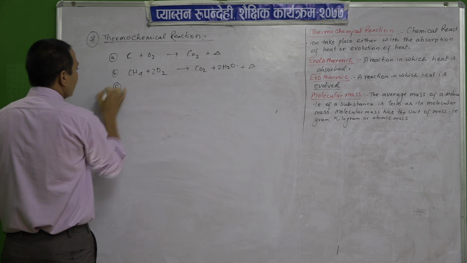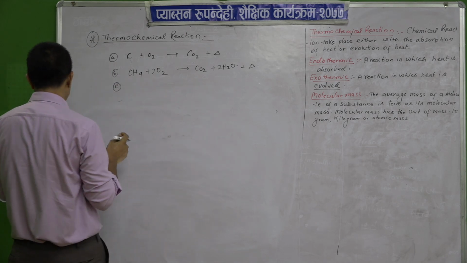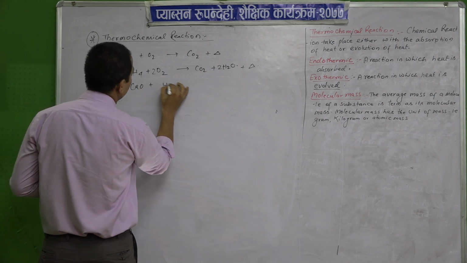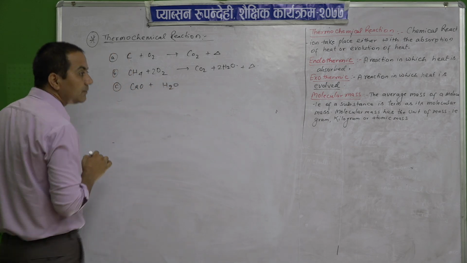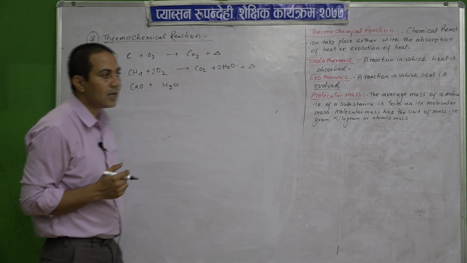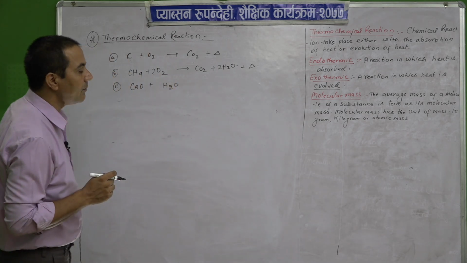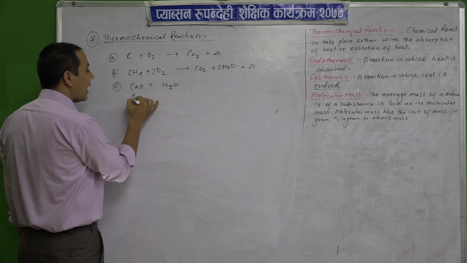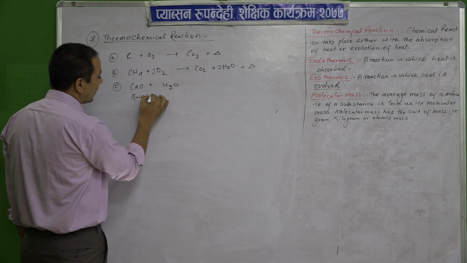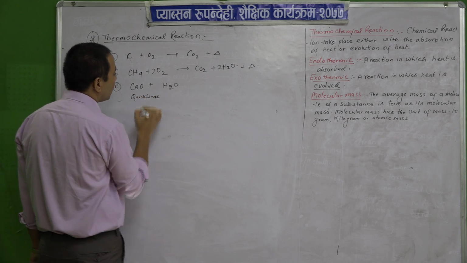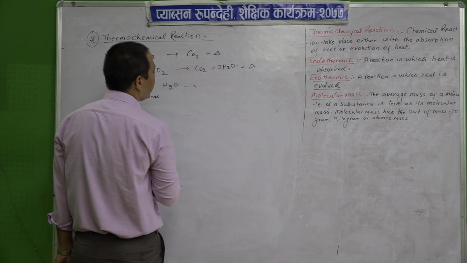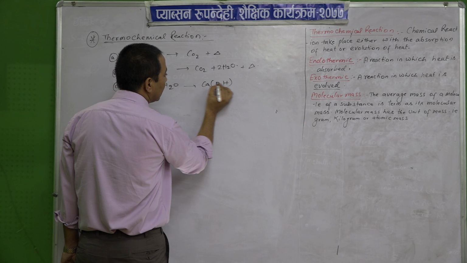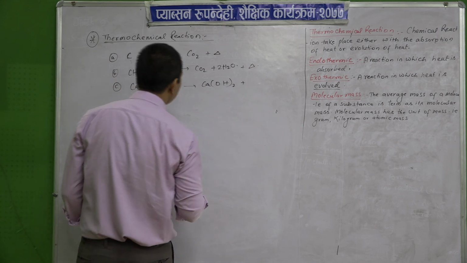Then next example, number 3. Let us take another example, calcium oxide. In our last class also we studied what calcium oxide is. Calcium oxide is quicklime. So when it reacts with water, what does it form?